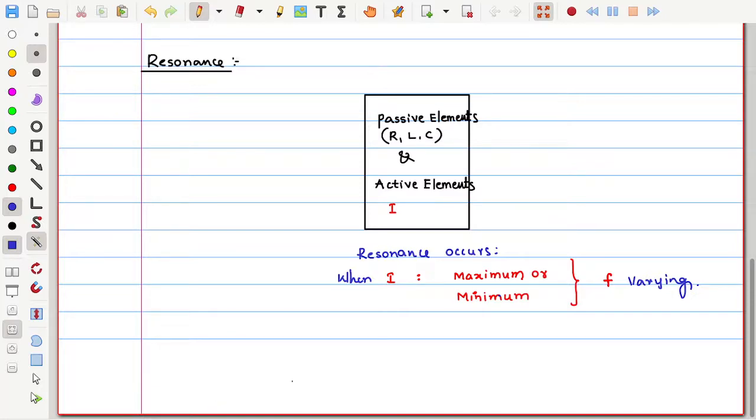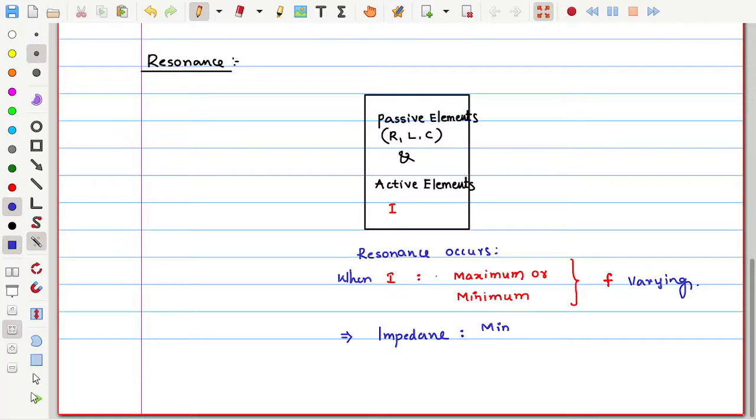As a result of this, if the current is going to maximum or minimum, we could see the impedance. Let me write it generally: in these conditions, it is a vice versa situation.